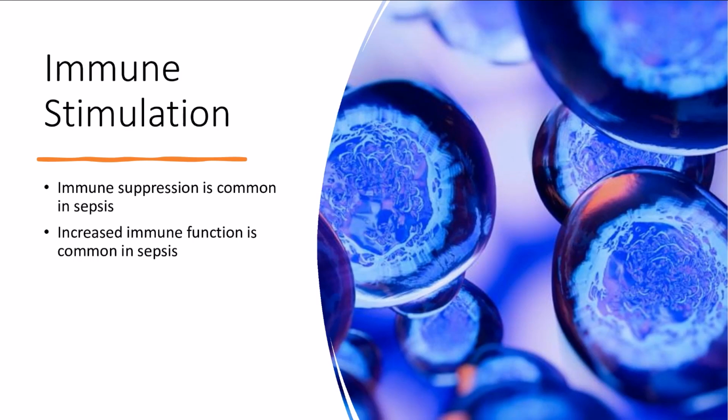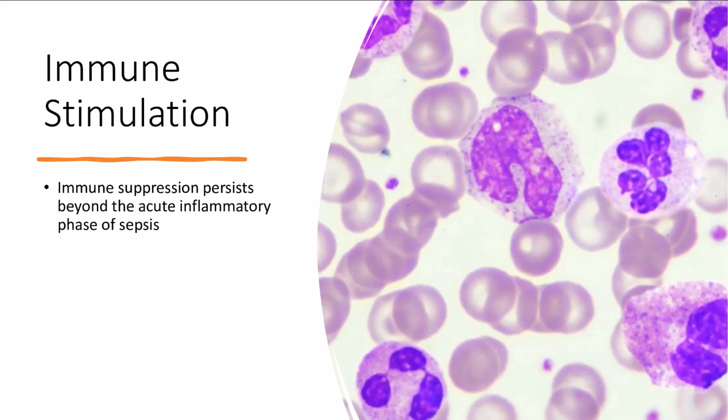Actually, increased or heightened immune function is also common in sepsis. In that pro-inflammatory phase of sepsis, we have heightened activation of the immune system. In the hypodynamic phase of sepsis, we have patients typically with immune suppression. So immune suppression actually seems to persist in septic patients beyond that acute pro-inflammatory phase.